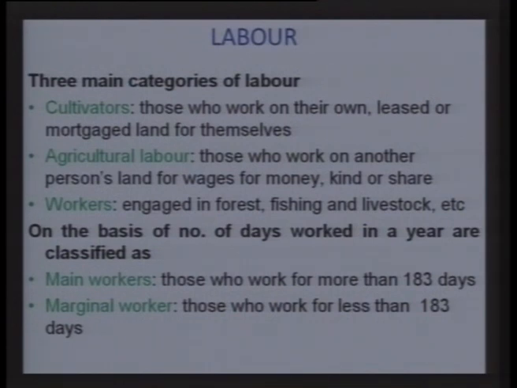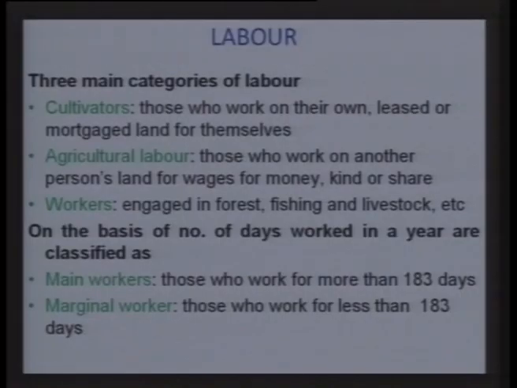Workers, on the other hand, are engaged in forest, fishing and livestock sectors, and they work for wages. We can also classify the laborers in two ways, and this classification is based on the number of days they work in a year. The workers could be classified as main workers and marginal workers.